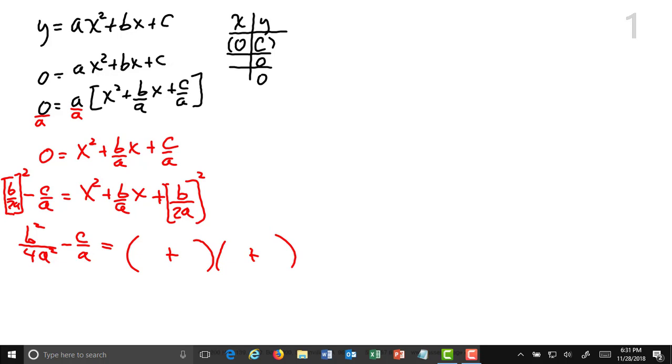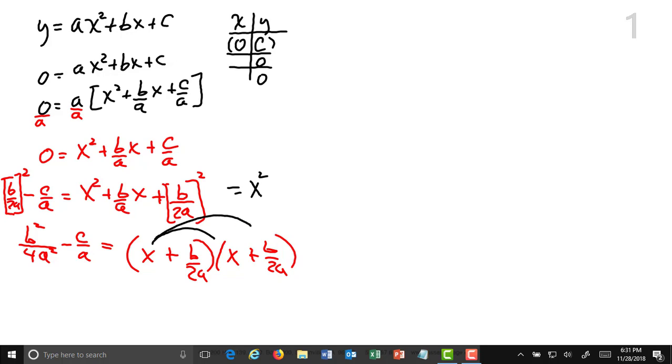Yes? And obviously I have to have an x and an x, true? But in order to get a B squared over 4A squared, I have to have a B over 2A here times a B over 2A here. Now that looks weird, but it works because, let's try it out, just to prove it. Look at this. What's x times x? Well, that's going to be an x squared, right?